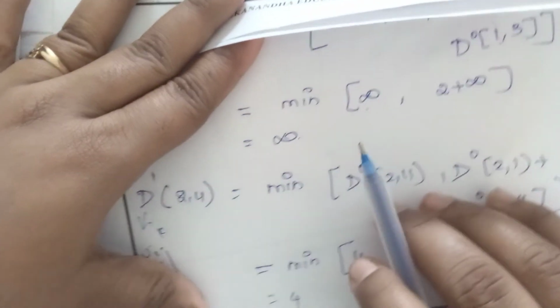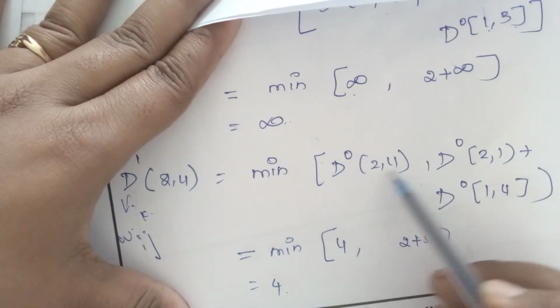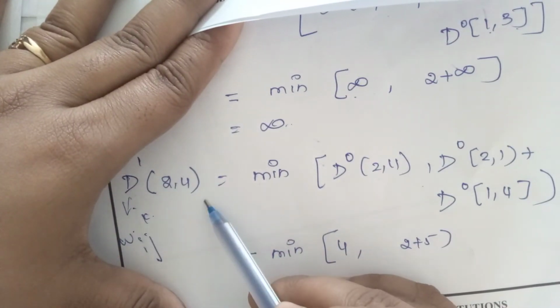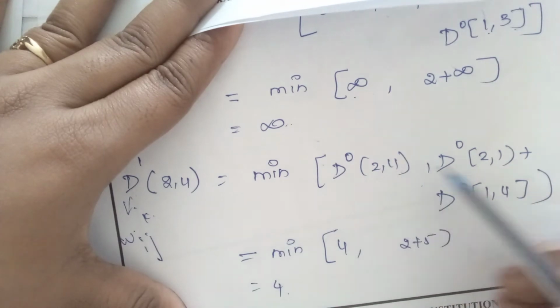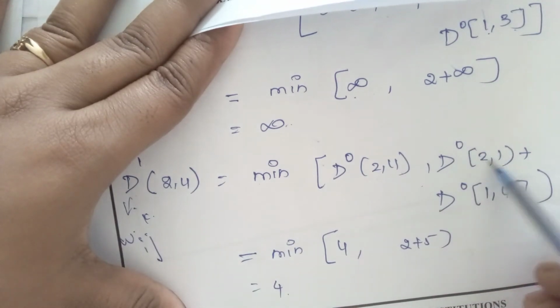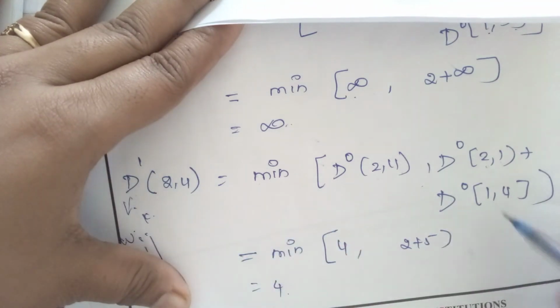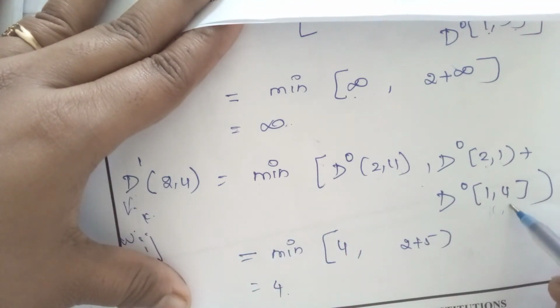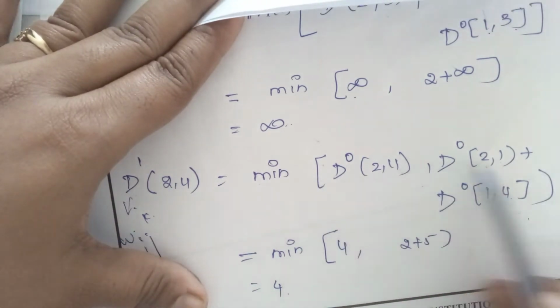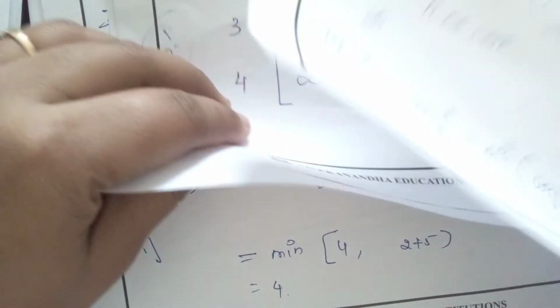See, minimum of D⁰(i,j), that is 2 comma 4, and D⁰(2,1), that is (i,k), plus D⁰(1,4), that is (k,j). We have to find these values from the D⁰ matrix, okay.